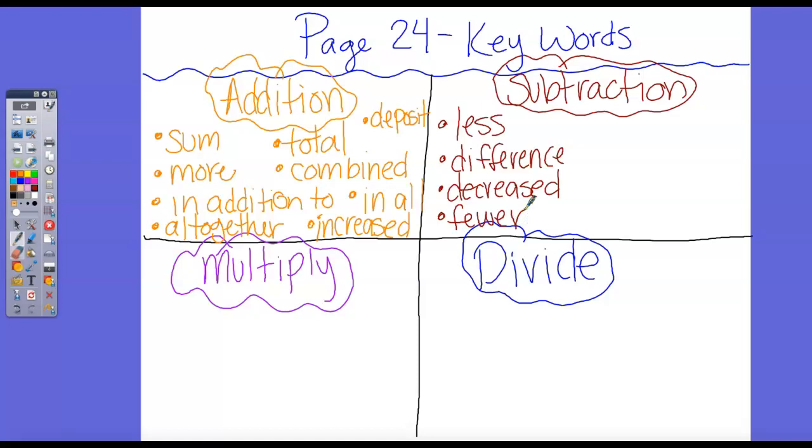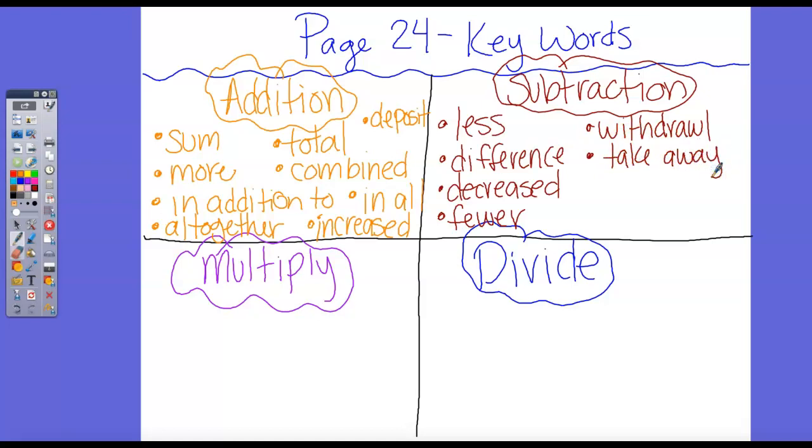Ashley? Withdrawal. That'd be the opposite of deposit. I have fewer. Oh, I already have that one. Takeaway. That one's one that you probably remember from elementary.